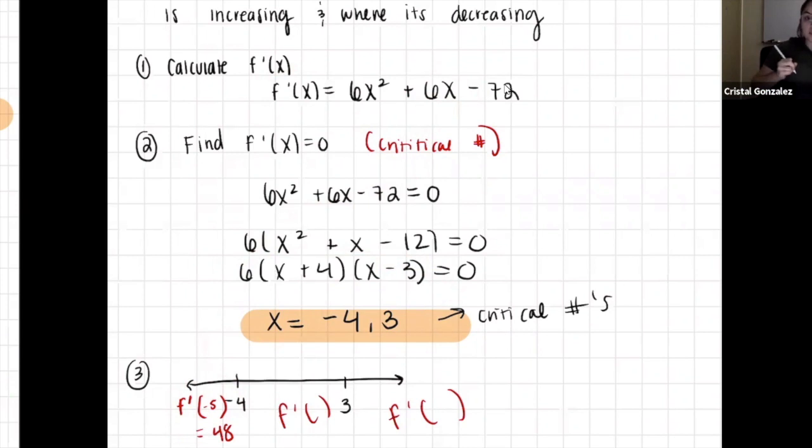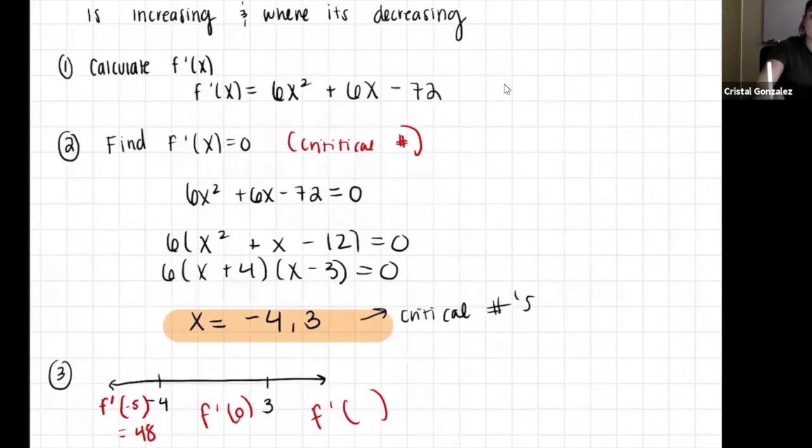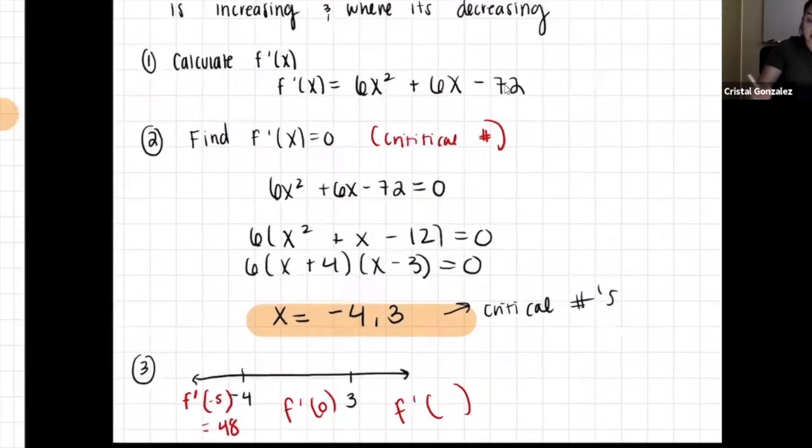Then we're going to test a number between -4 and 3. And whenever I can test 0, I always test 0. So let's go ahead and test 0. If we test 0, we notice that our value is actually just this end piece, because then 0 over here, and so you're just left with that -72.